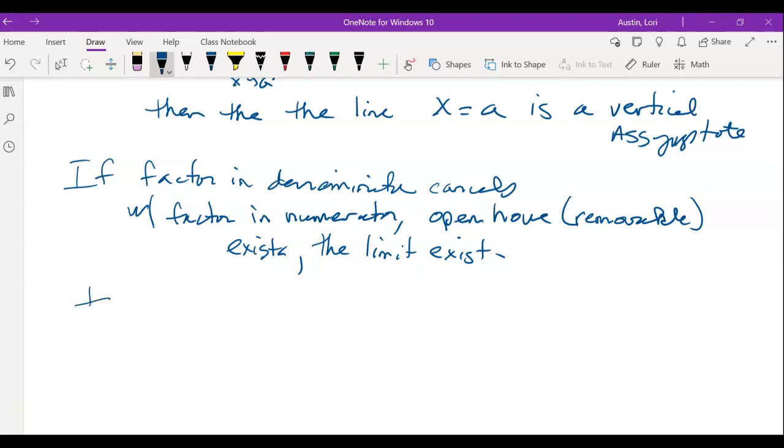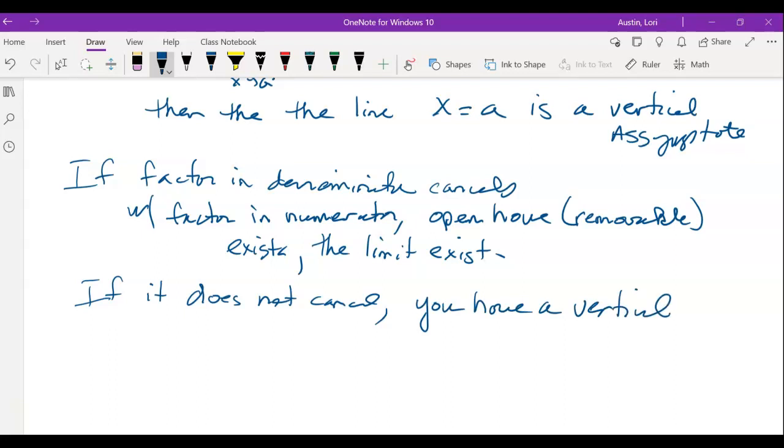If it doesn't cancel, you have a vertical asymptote, which is not removable.